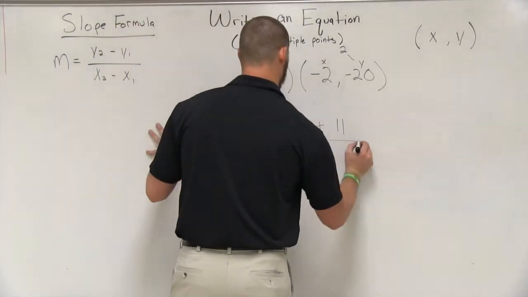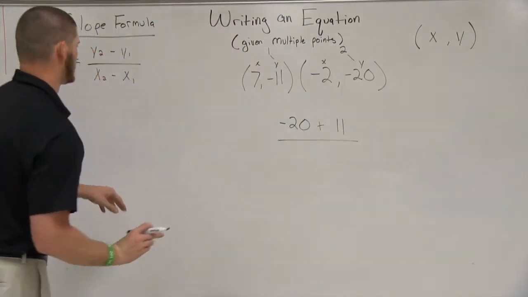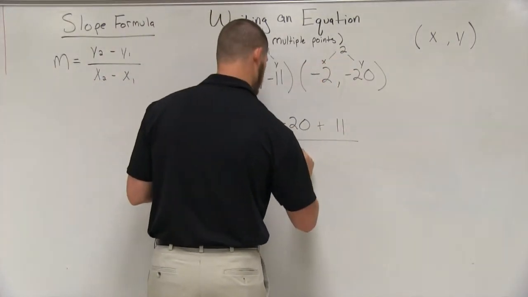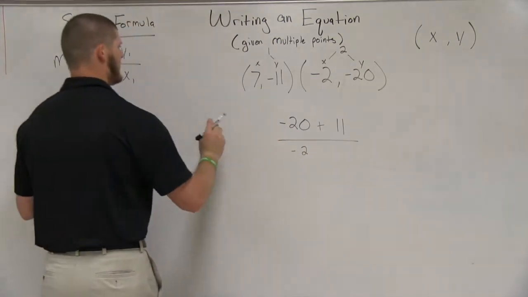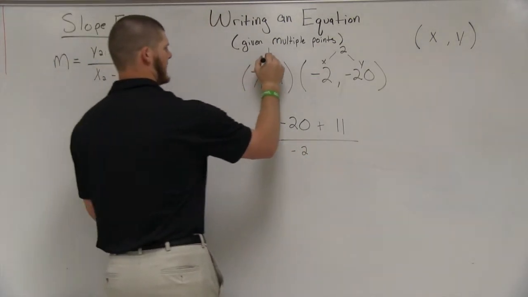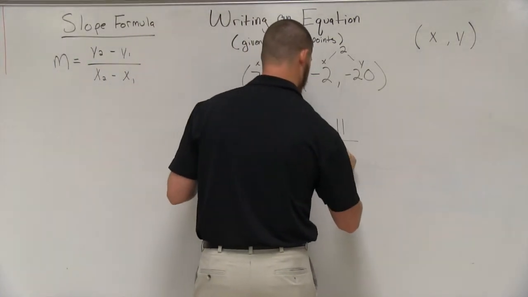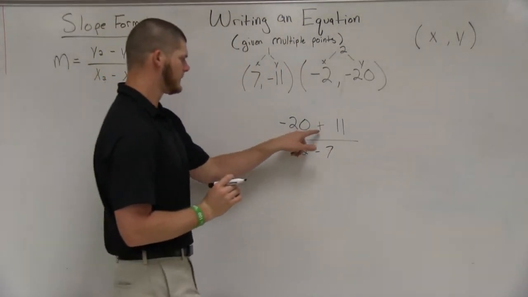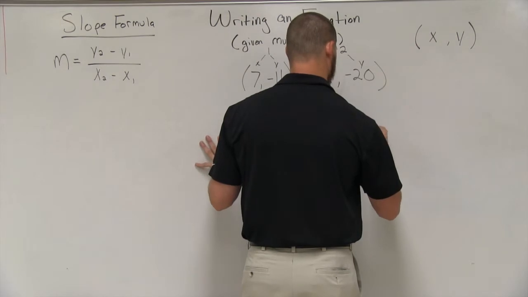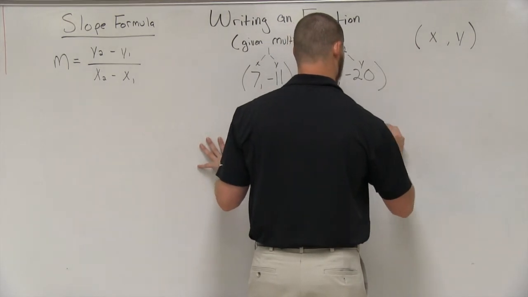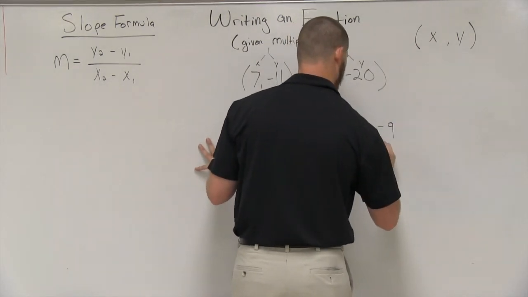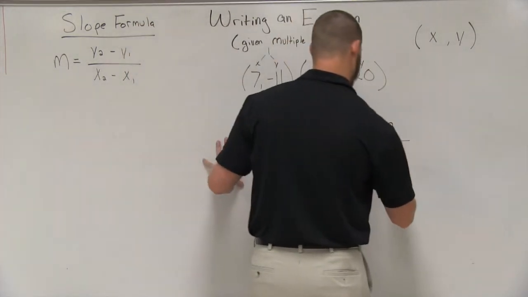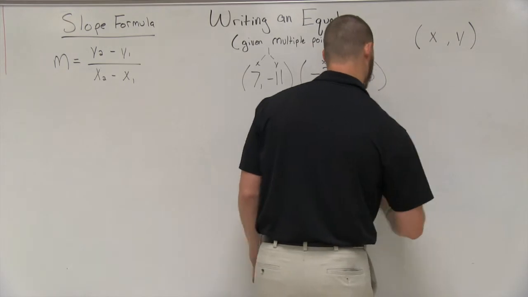Your calculator will do it correctly if you're not sure. Second, x2, -2, minus x1, which is 7, minus 7. So let's look. -20 plus 11 is -9. -2 minus 7 is -9.